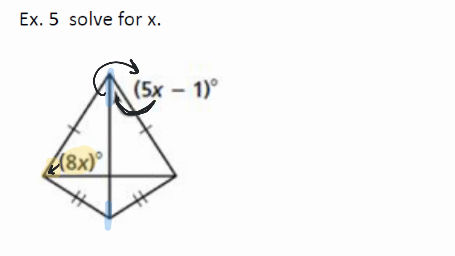So now we would have two parts to that triangle. Actually, we'd have 3. This would be 8x. This would be 5x minus 1. And then the one thing we should have highlighted right off the bat is that these are perpendicular. So those are 90-degree angles right there.